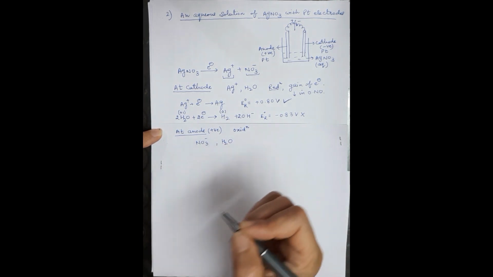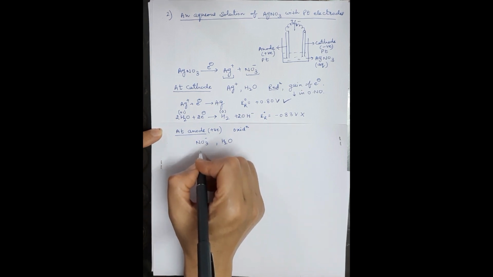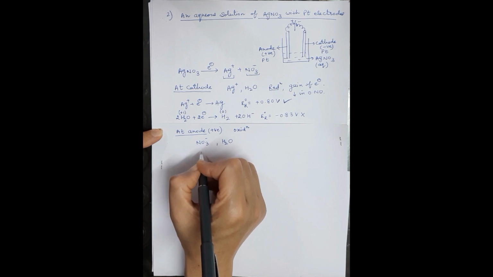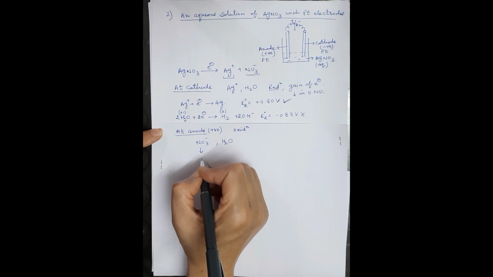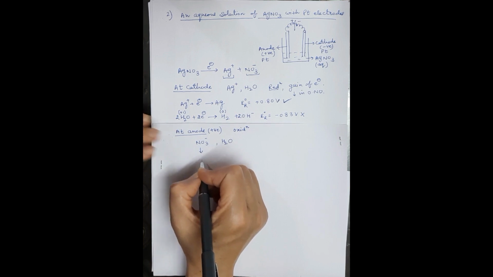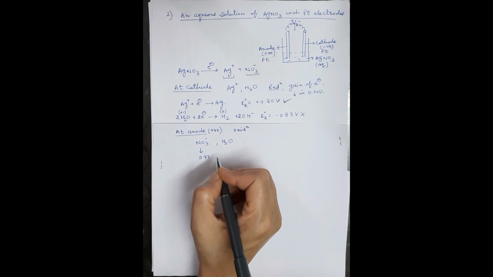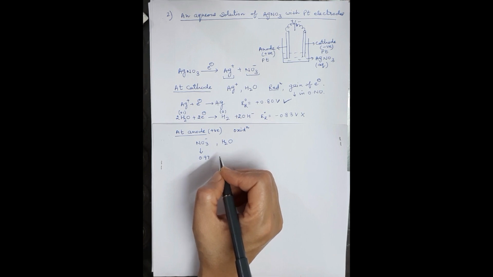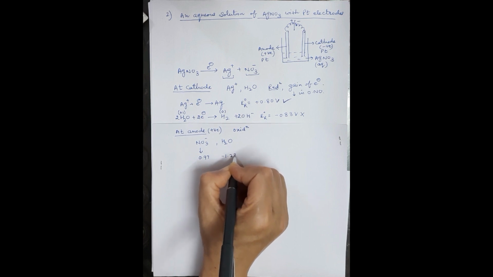Just see their oxidation potentials, or rather, in the book reduction potentials are given to you. So for nitrate, if you see the reduction potential in the electrochemical series, it is 0.97, whereas for water it is -1.23 volts.